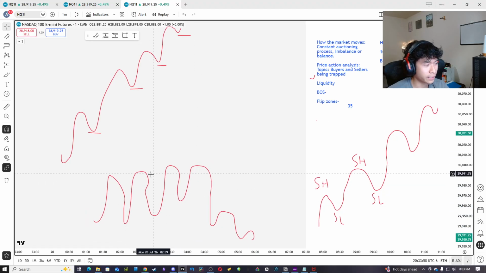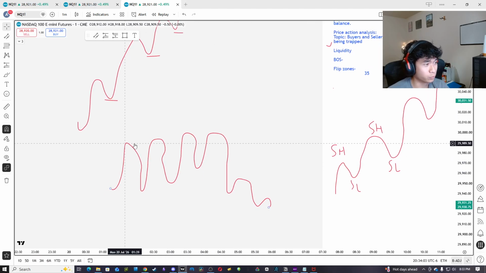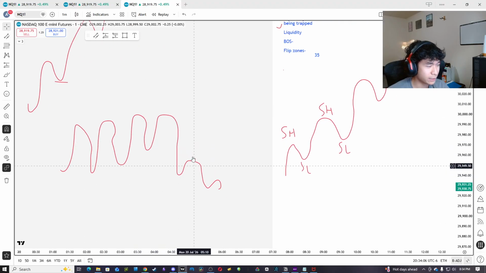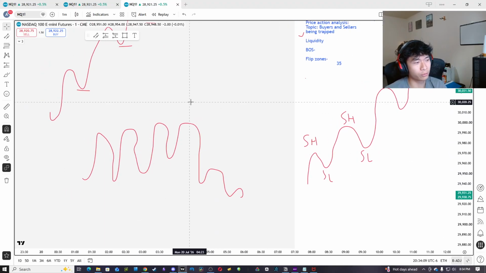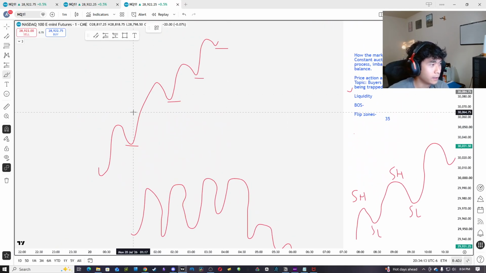This is a corrective move where you don't really know what's happening. There are really deep retracements and there's no clear direction. That's essentially what corrective means.